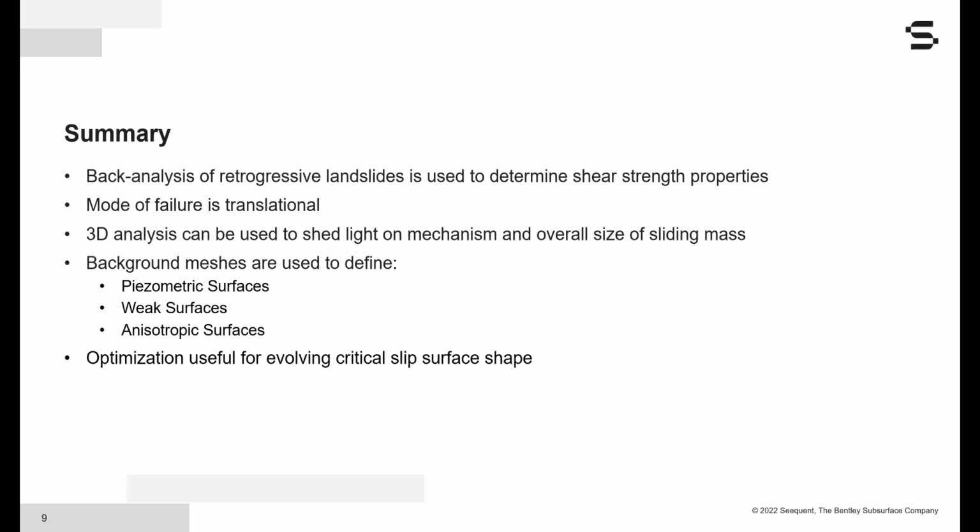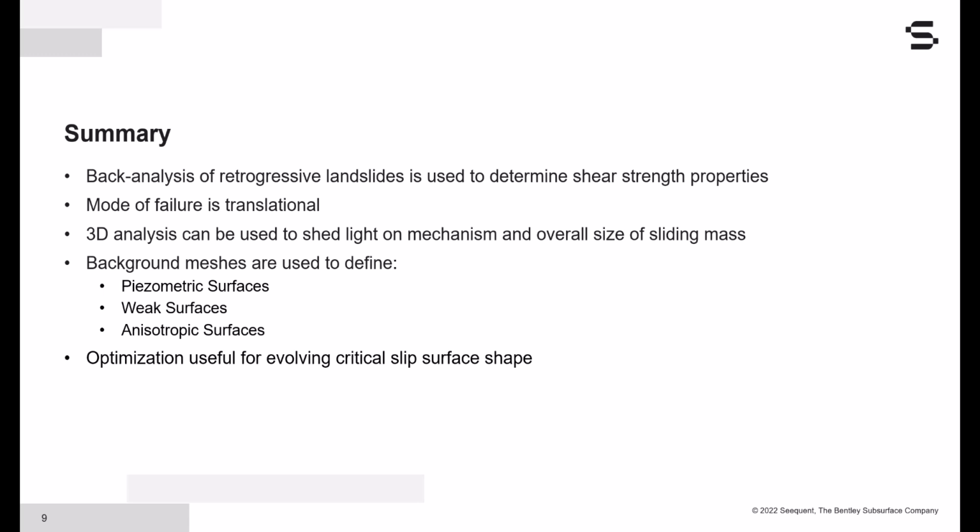In engineering practice, back analysis is frequently used to determine the shear strength characteristics of the anisotropy governing failure. Retrogressive landslides, in particular, are challenging because of their translational mode of failure. A 3D analysis can shed light on key mechanisms, as well as capturing the large lateral spread of the sliding mass.